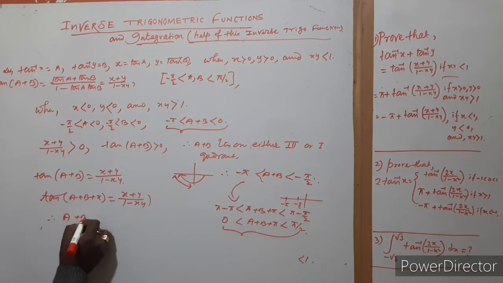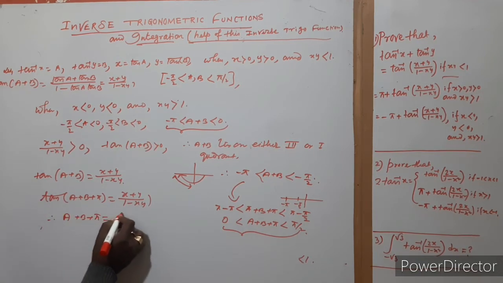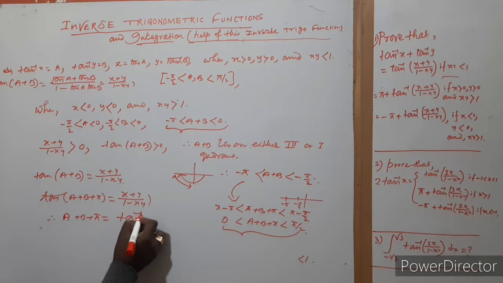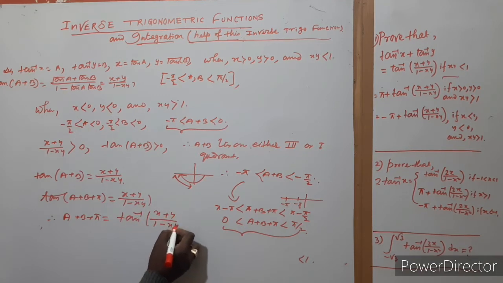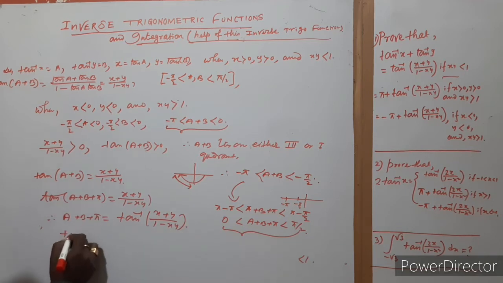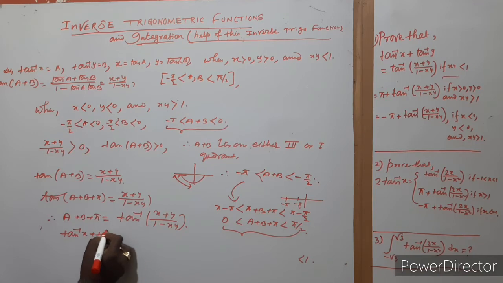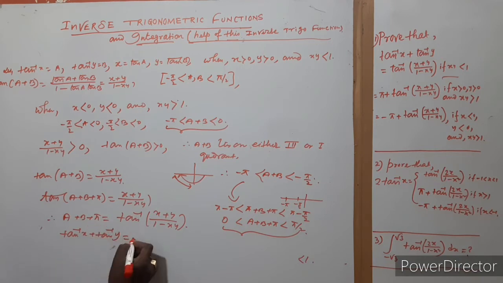So a plus b plus pi is equal to tan inverse of (x plus y) by (1 minus xy). So this is tan inverse x and tan inverse y, and taking pi to the right-hand side, it becomes minus pi.